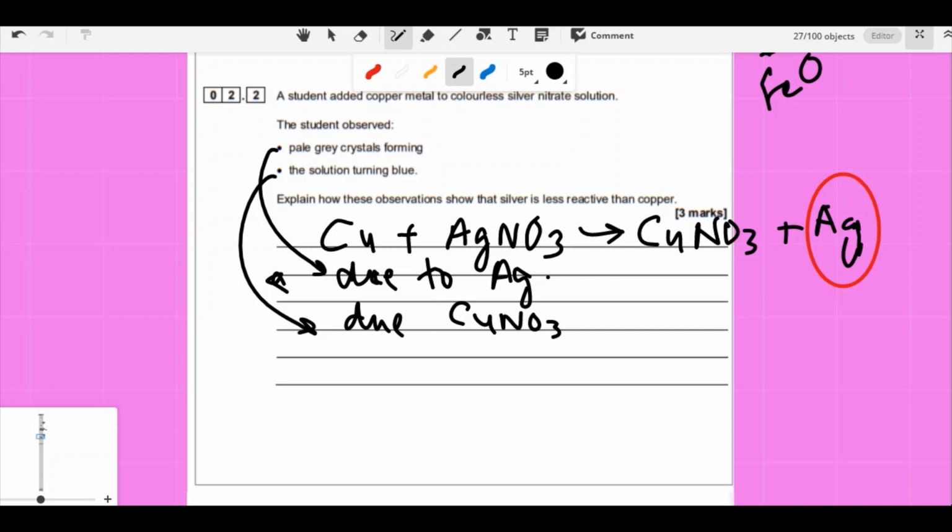And why? Because silver is less reactive than copper, because copper displaces silver in this reaction.